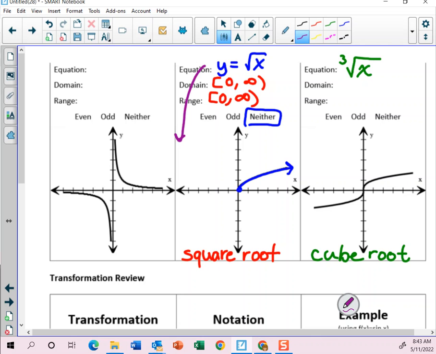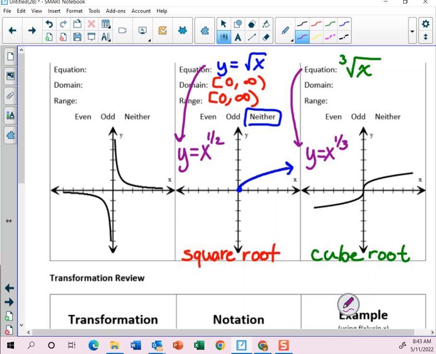So we'll need to know that the square root of x is the same as x to the 1/2, and that the cube root of x is x to the 1/3.